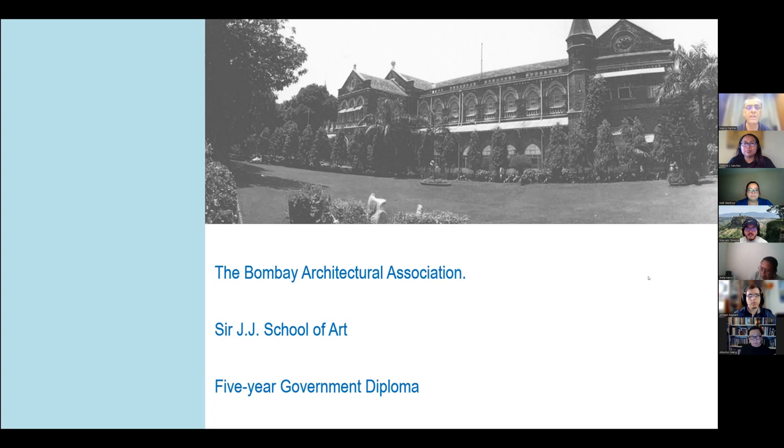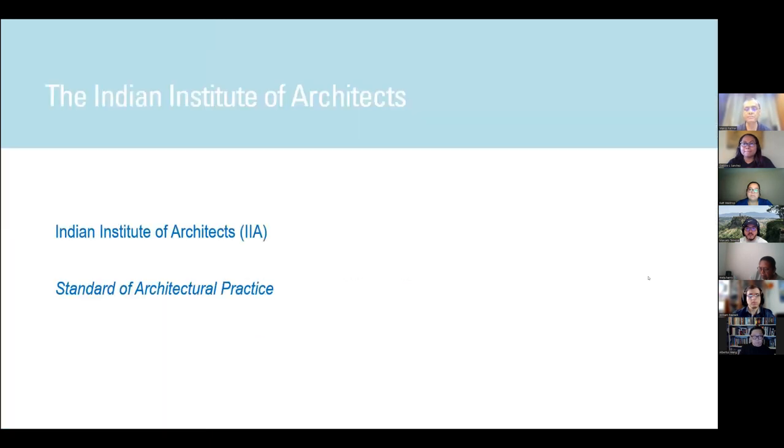The building that you see is JJ School of Art as of now, a very important building, which is actually talking about Gothic, neo-Gothic architecture. Subsequently, in 1929, the Bombay Architectural Association was renamed as the Indian Institute of Architects. IIA is something that exists from 1929.